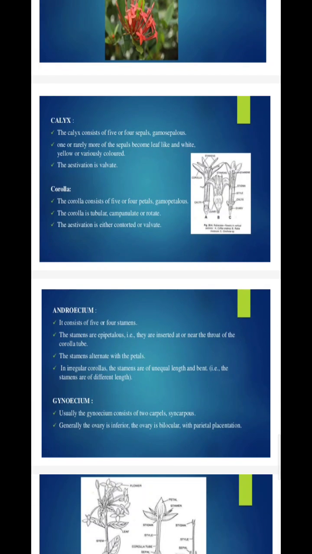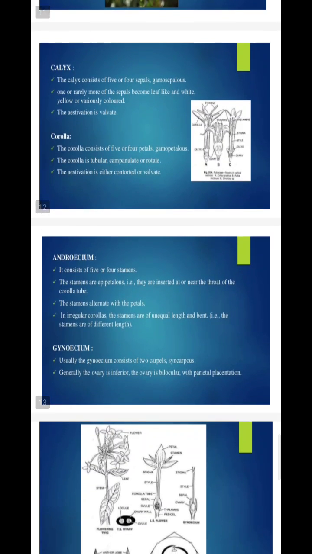Next is regarding the androecium. This androecium consists of 5 or 4 stamens, and the stamens are epipetalous. That means they are inserted at or near the throat of the corolla tube, and they are attached to the corolla tube. So these stamens are alternate with the petals.